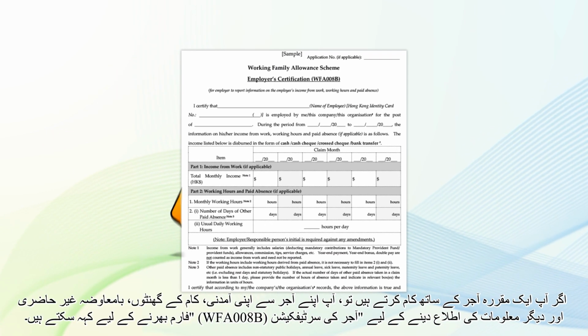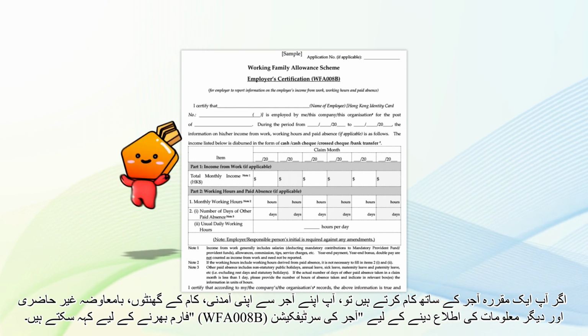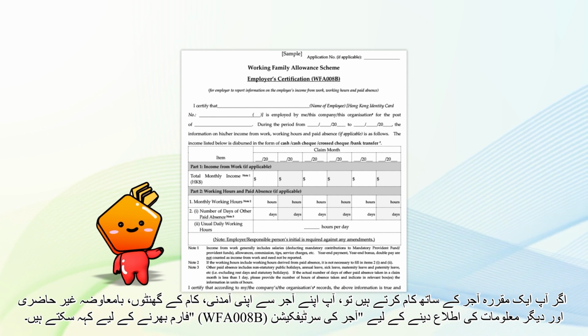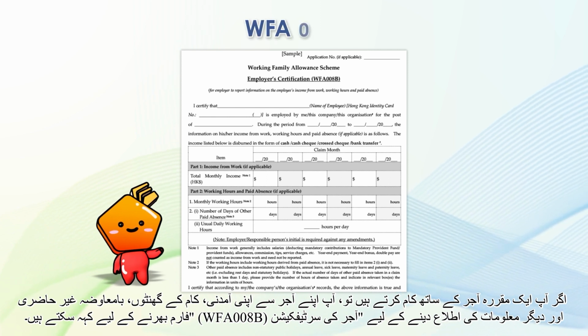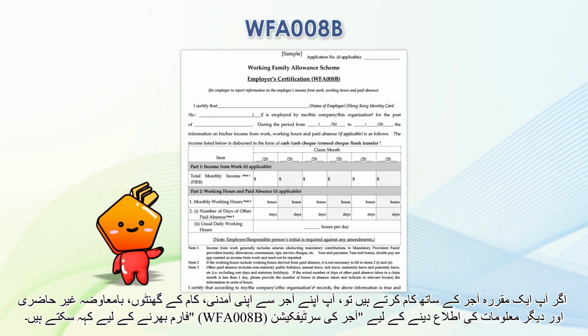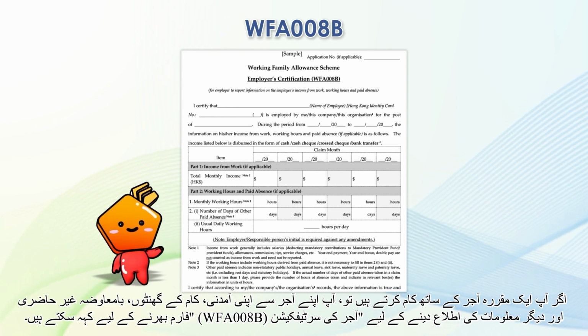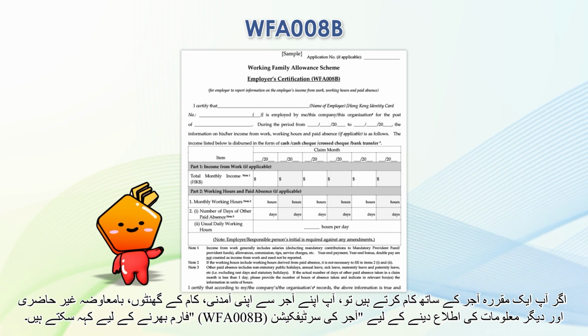If you are employed by a fixed employer, you may ask your employer to fill in the Employer's Certification WFA 008B form to report your income, working hours, paid absence, and other information.